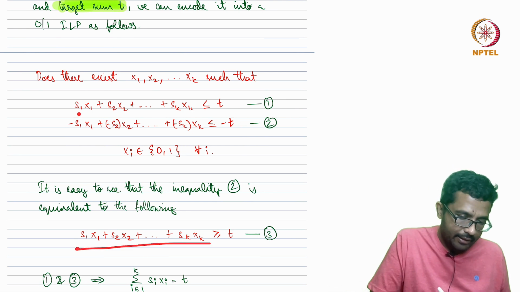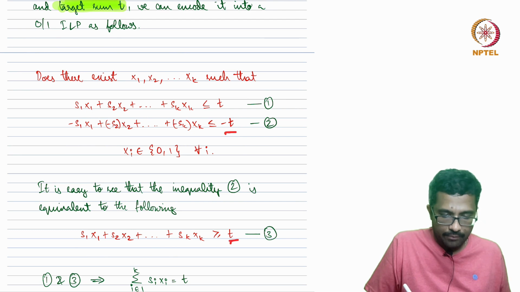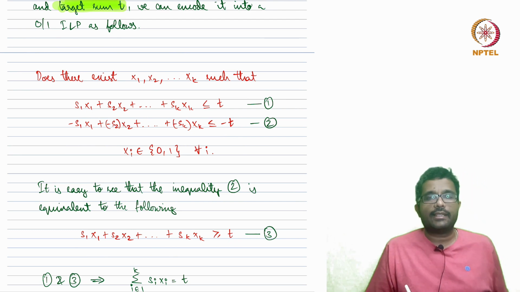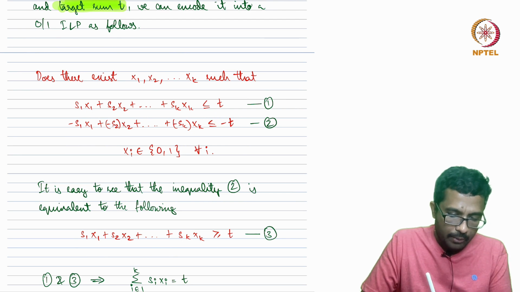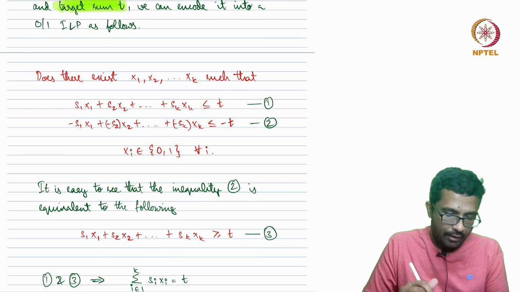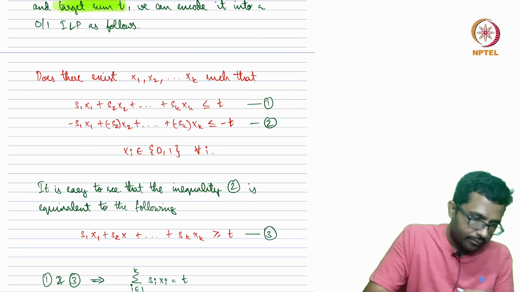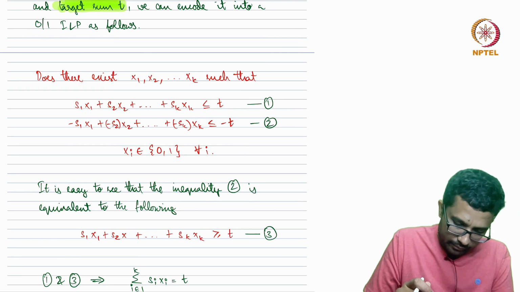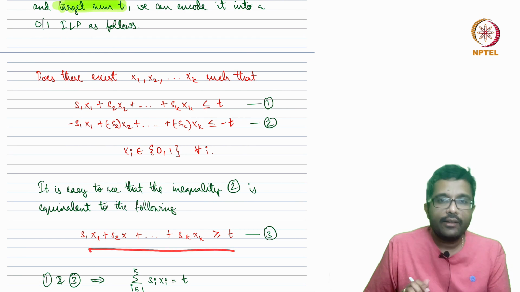Which is the same as the LHS of this, and the RHS from minus t becomes t, right? So we multiply the LHS and the RHS, but the inequality flips, right? When you're multiplying with -1, the inequality flips to greater than or equal to. So now we have 3 which is equivalent to 2, right?